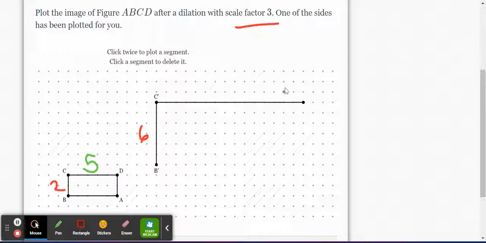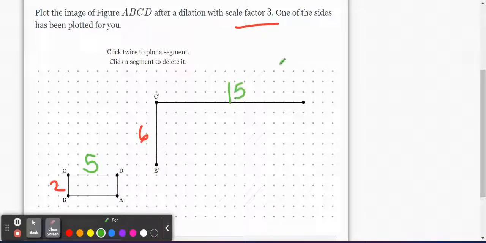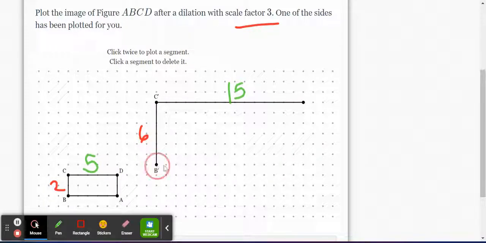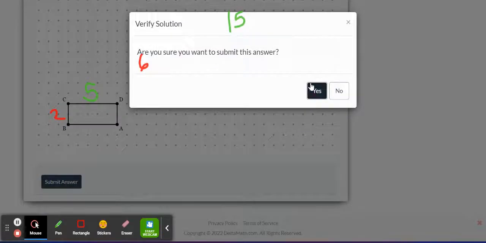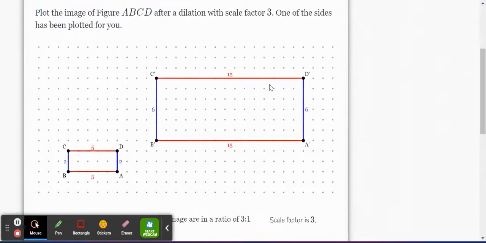Click it, pen, that is 15. And now we can just finish off the rectangle. Rectangles are pretty simple. You can just use the rest to graph it out. Then you hit submit, and it should be dilated by a scale factor of 3. Look at that, got nice and bigger.